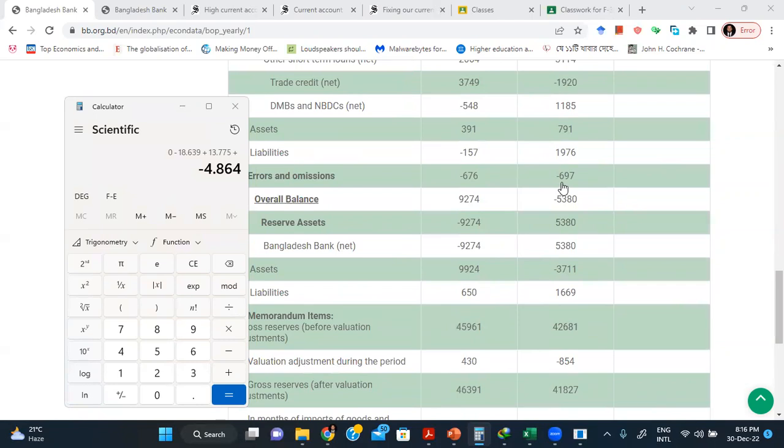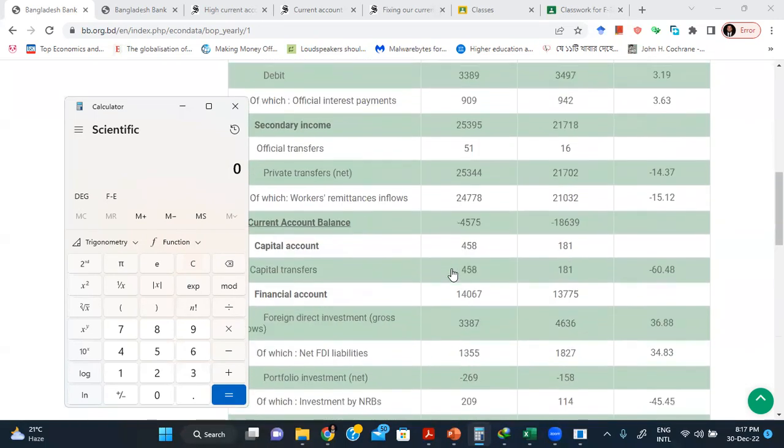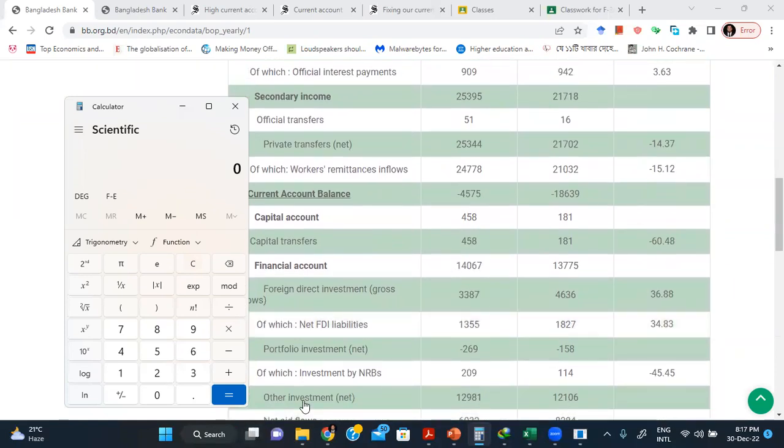So it is, I would say, minus 0.6. I need to correct it. Current account balance is minus 18.639 billion.